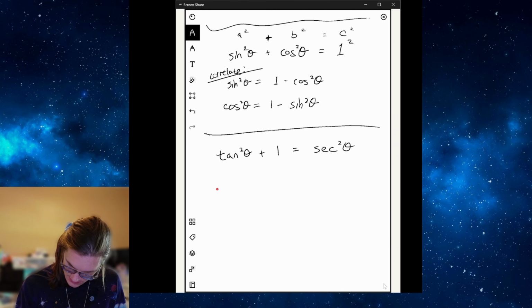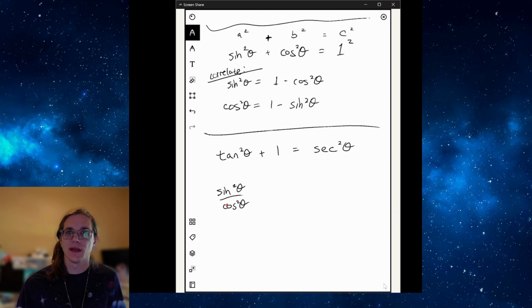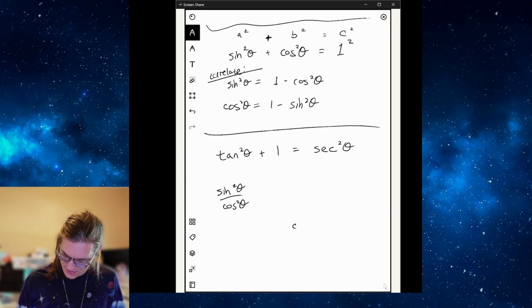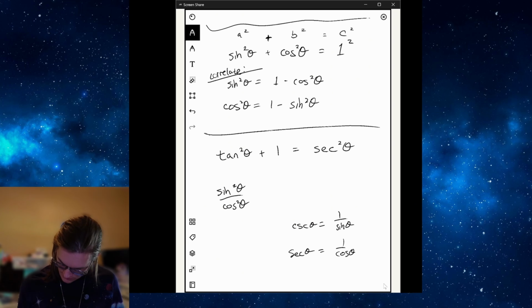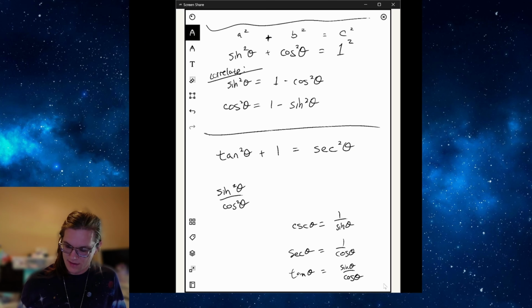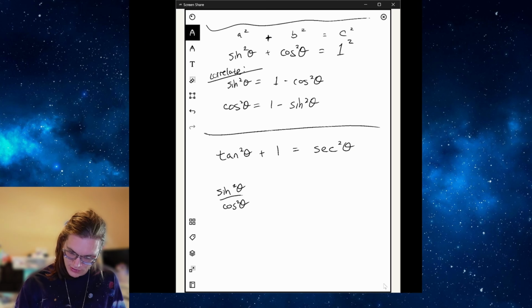Tan squared is the same as sine squared over cos squared. This comes from the reciprocal identities, I think they're referred to as, because these are all technically identities as well. And so if I want to show myself that this is true, right, does this equal this, then I'll put this form of tan.